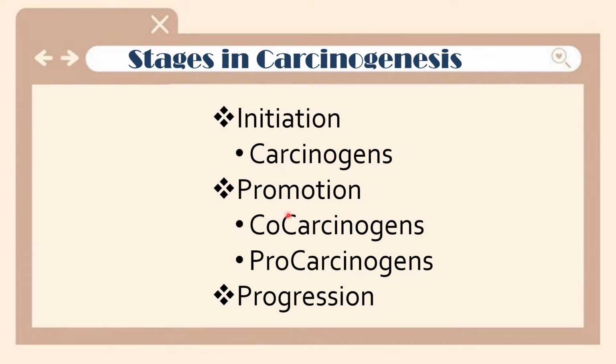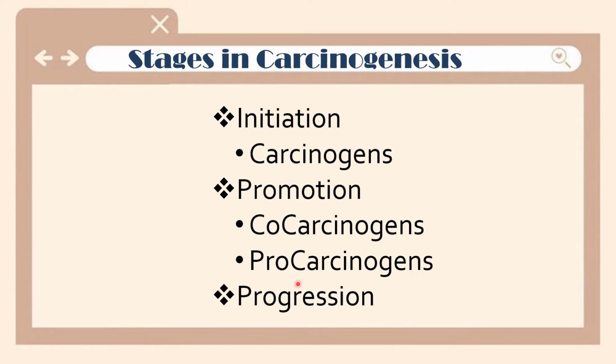During promotion naman, mutated cells are exposed to promoters that are known as co-carcinogens, pro-carcinogens, that enhance their growth. An example of this is estrogen that can promote the growth of a certain type of cancer.